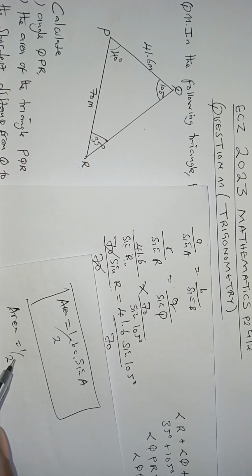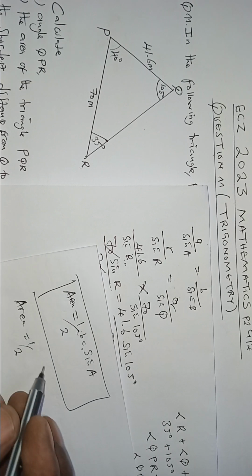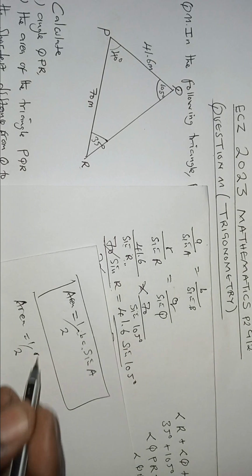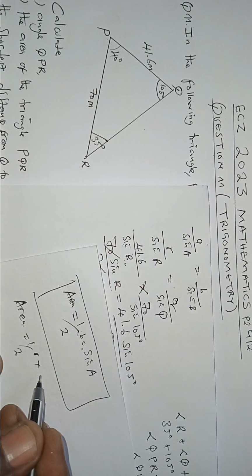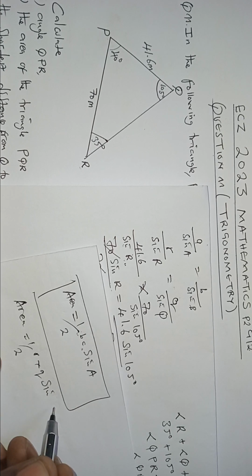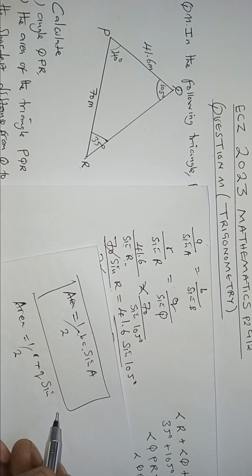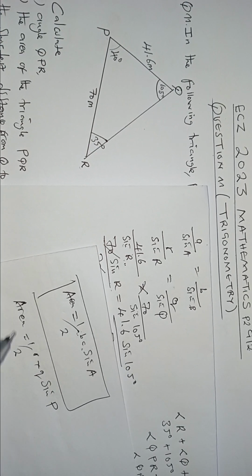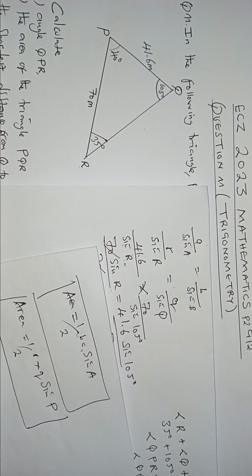So this shall be area is equal to, we use the small letter R times Q, then sine the angle which is from the two sides. So the angle is the angle at P. So this is the formula that we are going to employ.